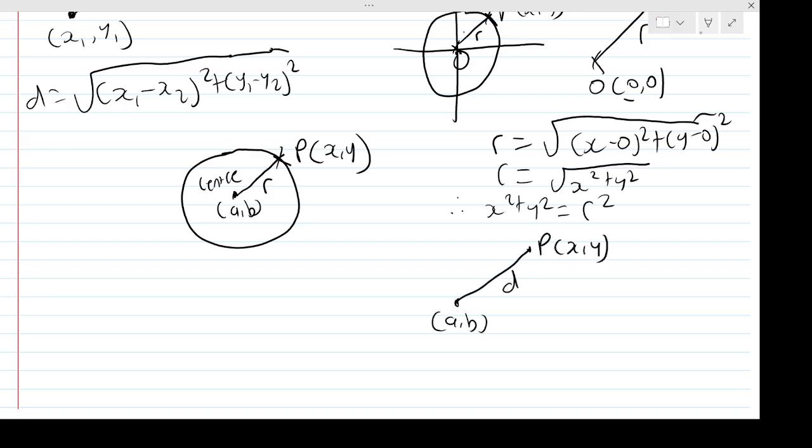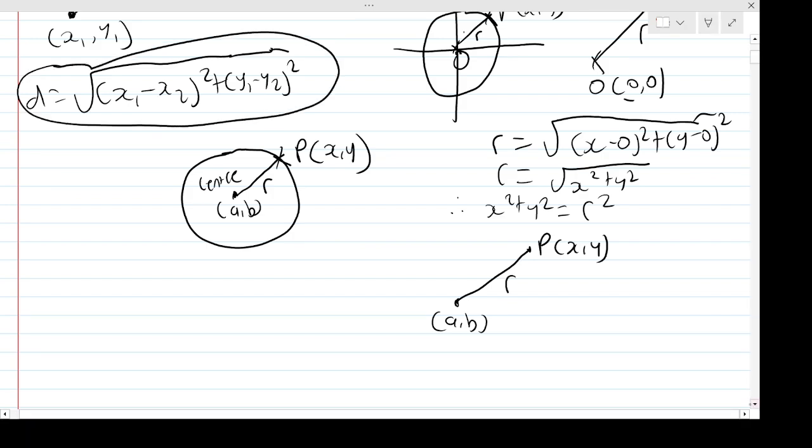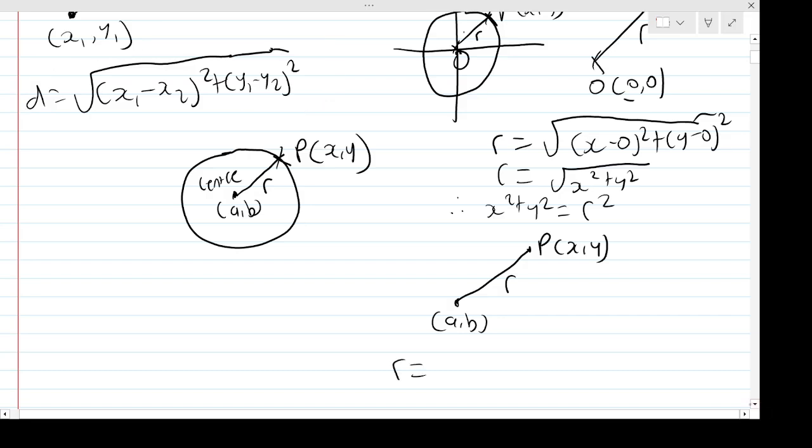That distance is going to be r for radius, but alternatively, if we use the distance formula, we get that r, the radius, is the same as the distance between the 2 points. So that will be the root of the change in x. So we have x take away a, the other x coordinate, all squared, and the change in y. Then we do y take away b, all squared.